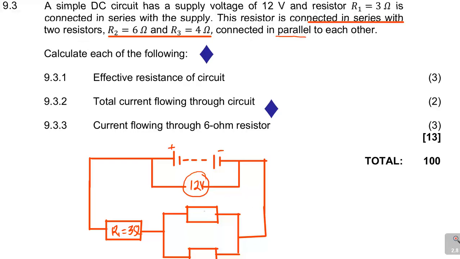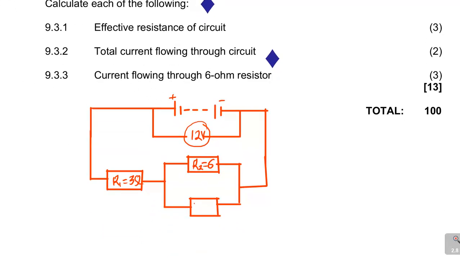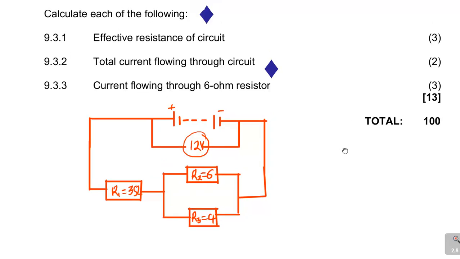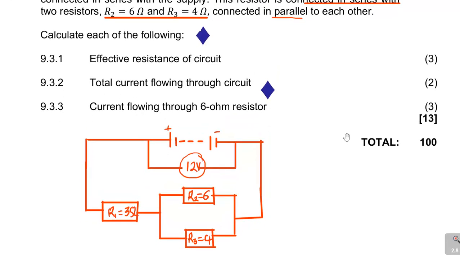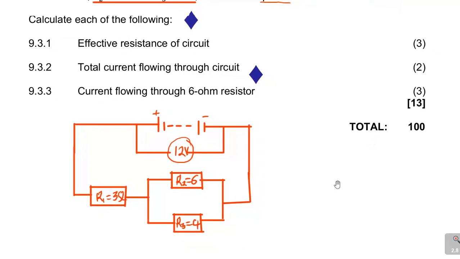So we have got R2, which is 6, and I have got R3, which is 4. So this is how the diagram was. Sometimes they'll say sketch the diagram, but in this case they were stingy not to give you the marks for the diagram. But you need to have a visual picture of this diagram to be able to calculate.